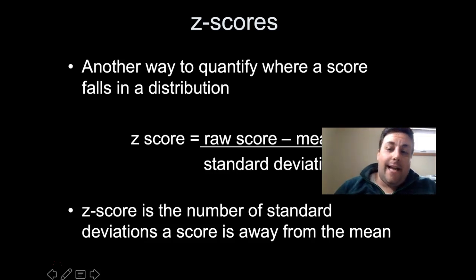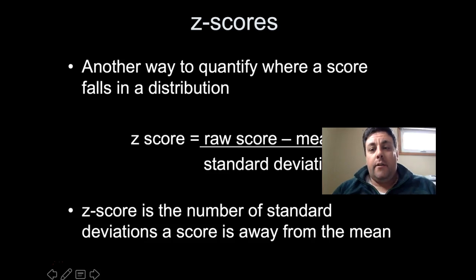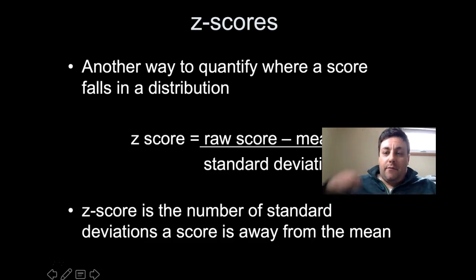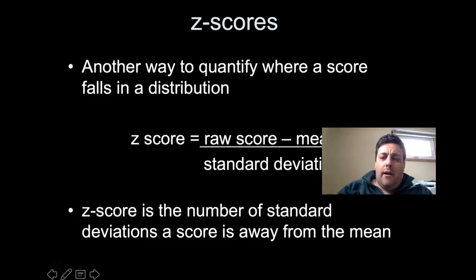A z-score that is negative means that it occurs below the mean. So ideally, if we were talking about z-scores relative to a test, it would probably be desirable for a student to have a z-score that was positive, because that means they're above the mean, and a z-score that is also very large, because that means they're far above the mean.